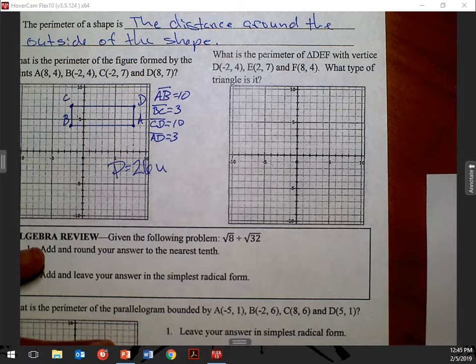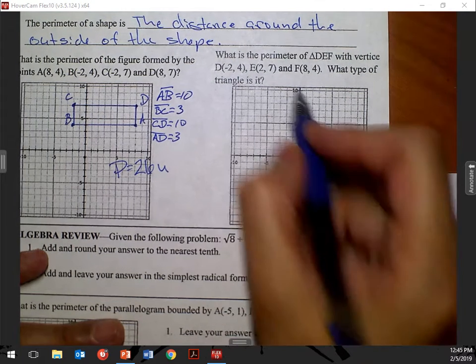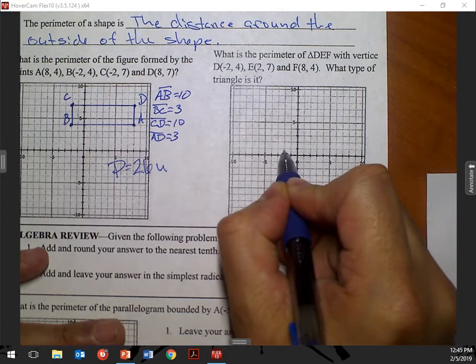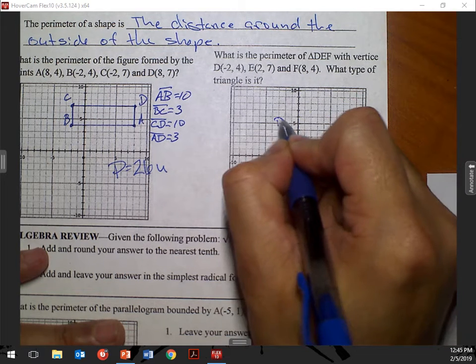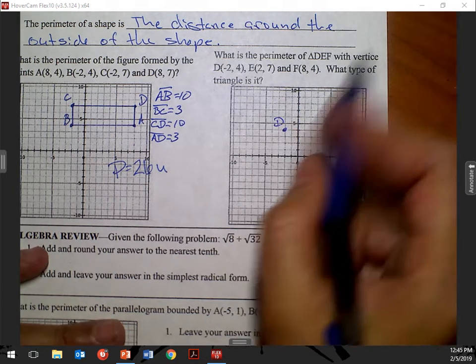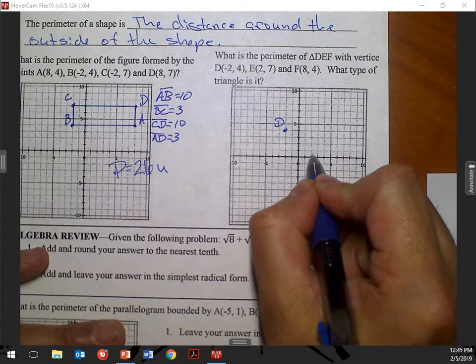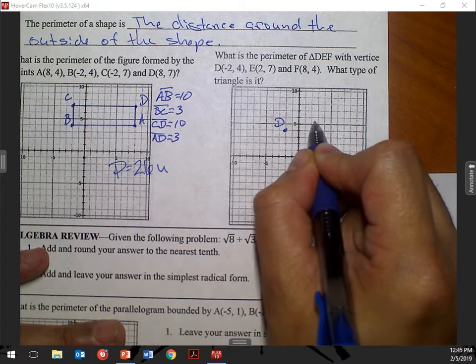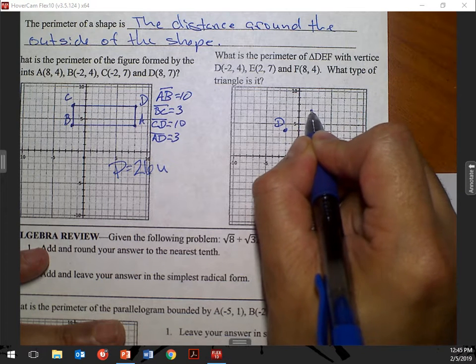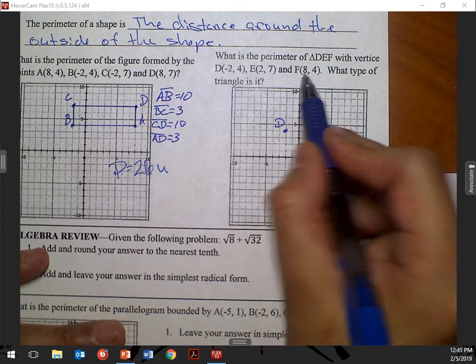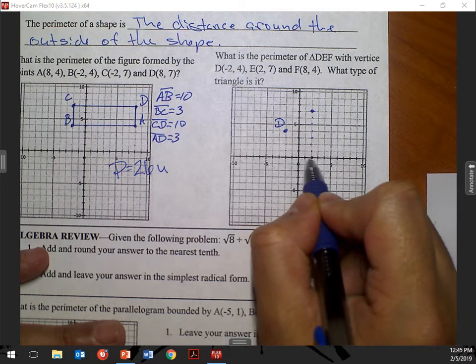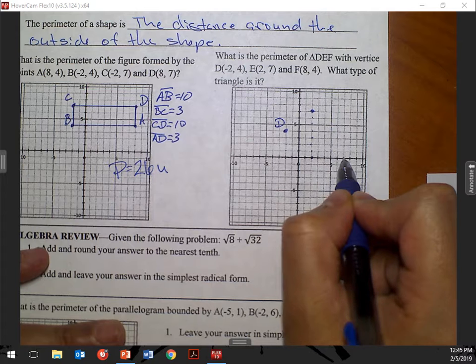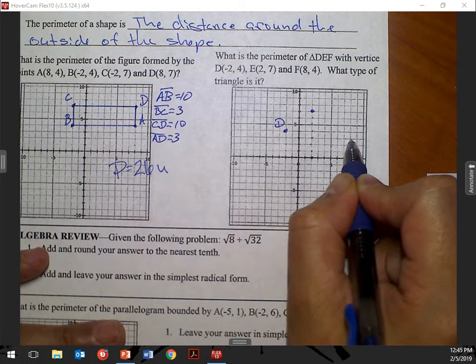D is located at -2, 4. E is at 2, 7. And F is at 8, 4.